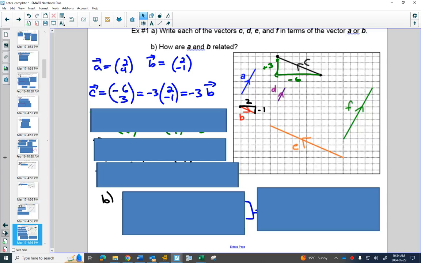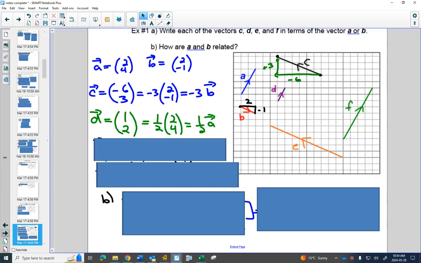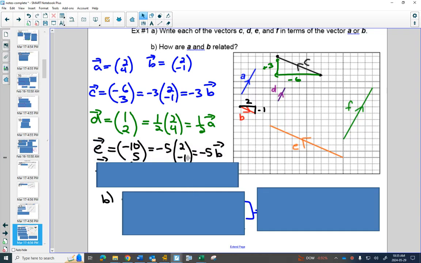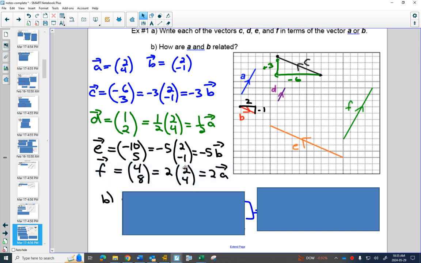If you factor out a negative 3, it's negative 3 times B. And D is 1, 2, which is exactly half of A. See if you can figure out E and F. E is negative 5 B's, and F was 2 A's.